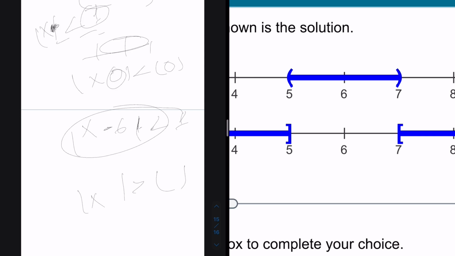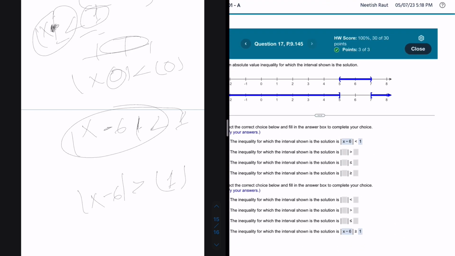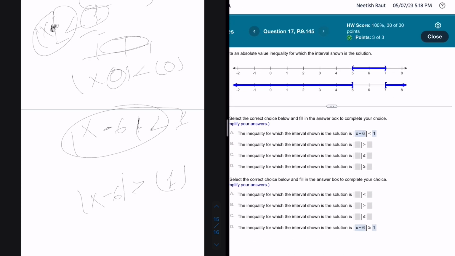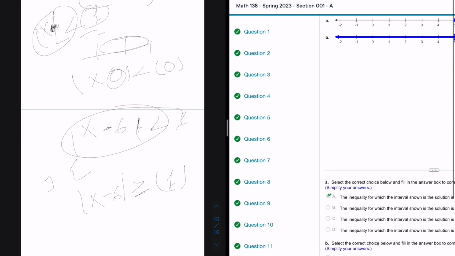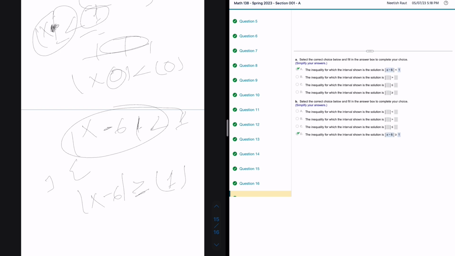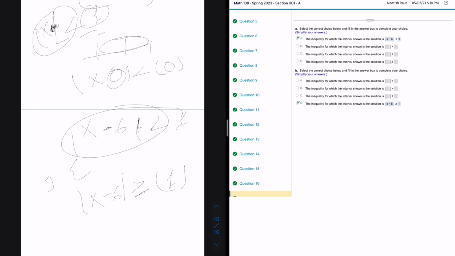And by using the definition, we can use the middle part 6, minus 6, 1, and the bracket is showing like this, that's why we will use the equal to sign also. That's it for this inequality. For this chapter we have nothing much to worry about. Okay, I think we are good with this chapter.